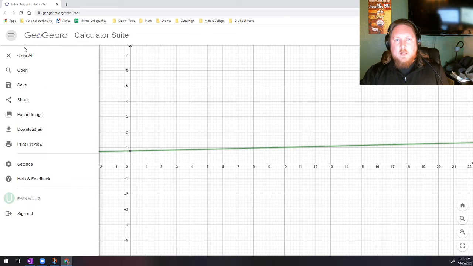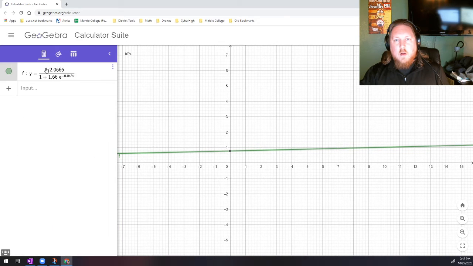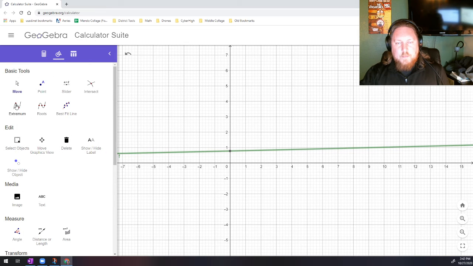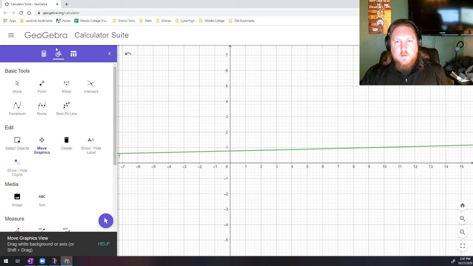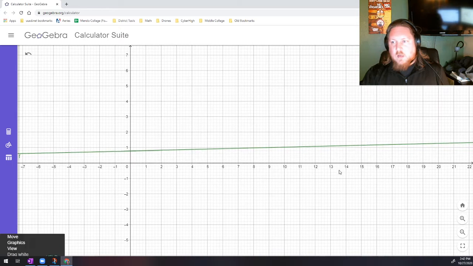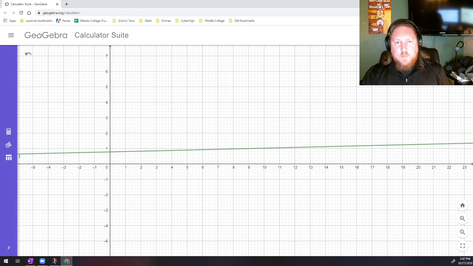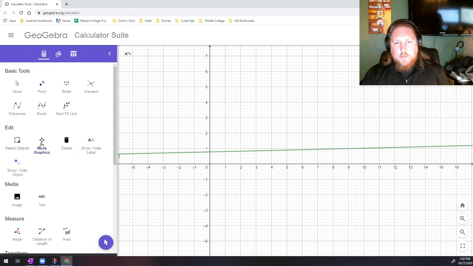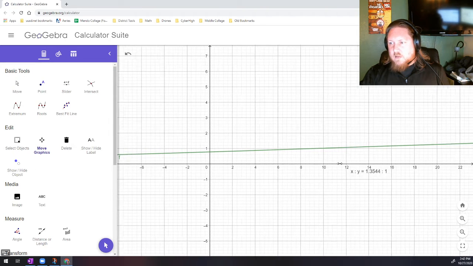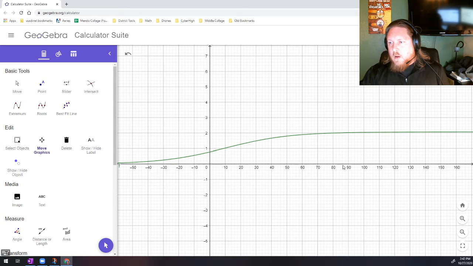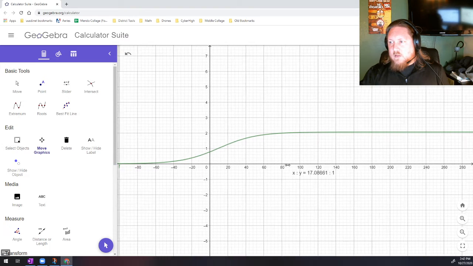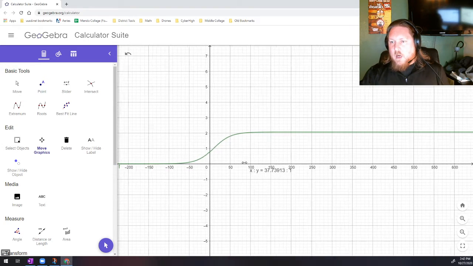I want to look at it in terms of hundreds of years, because I needed to go all the way up to 500. So I'm going to use my graphics view. And I'm going to grab that x-axis, and oh, come on now. Grab that x-axis, and I'm going to squeeze it down. And you can see, as I squeeze it down, how it kind of levels off there.